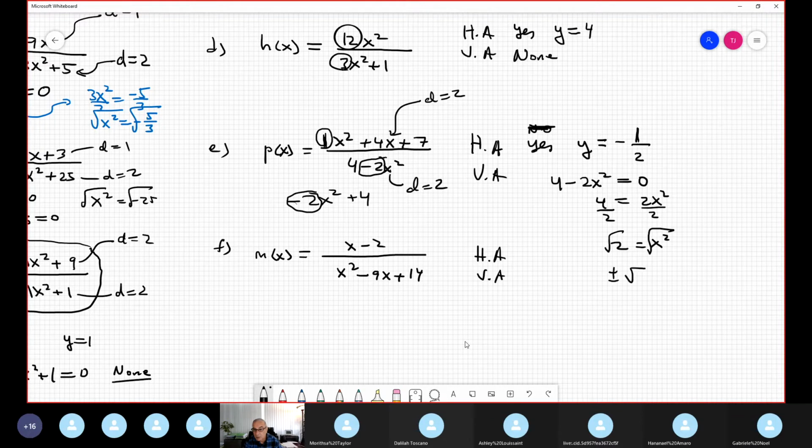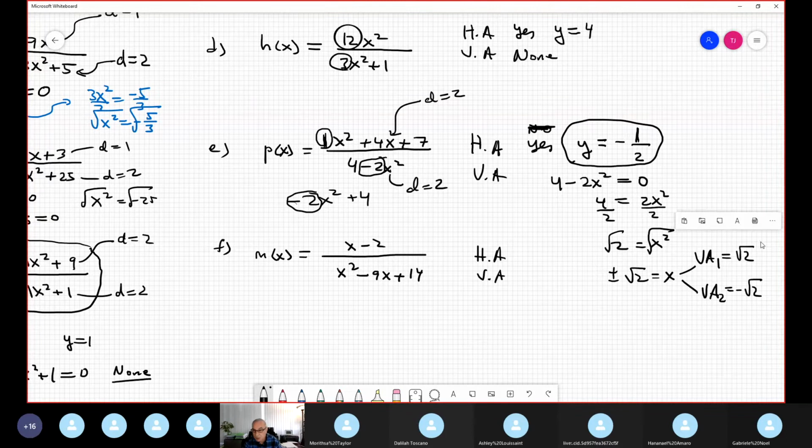Plus or minus radical 2 is x. So we have two vertical asymptotes. Vertical asymptote number 1 is radical 2 positive, and vertical asymptote number 2 is minus radical 2. Okay, so in this example we have one horizontal and two vertical. It's easy, or is it complicated? It's only memorizing the rule and applying it in this case.